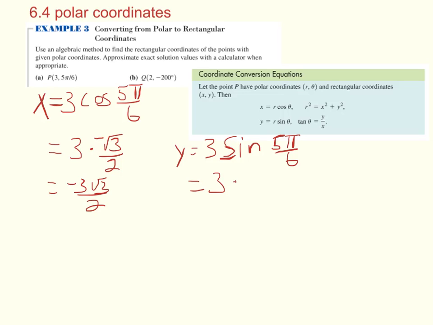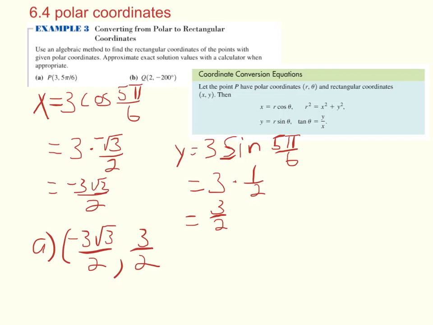So 3 times a half, or 3/2, which means the answer to A is the point negative 3 root 3 over 2, 3/2. Wow. Okay, point B would work the same way.